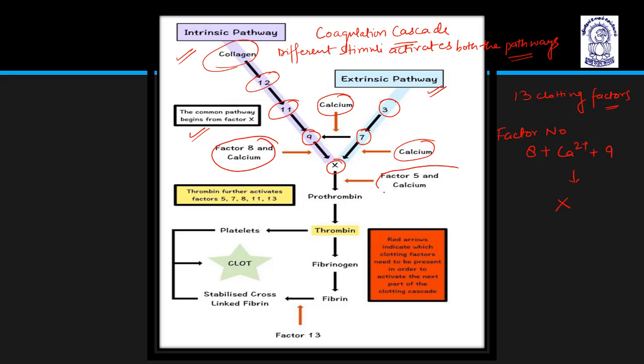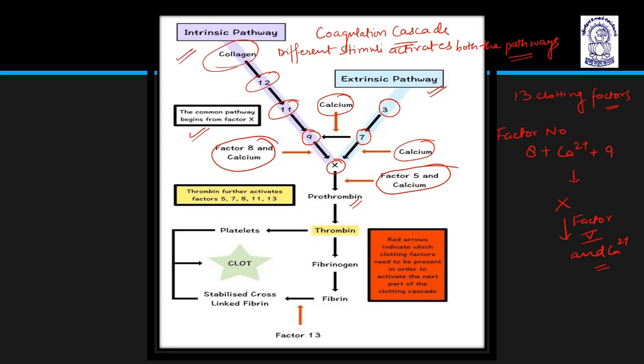Factor number 5 and calcium are required for the activation of prothrombin by factor number 10. Factor number 10, in the presence of factor number 5 and calcium, converts prothrombin to thrombin.